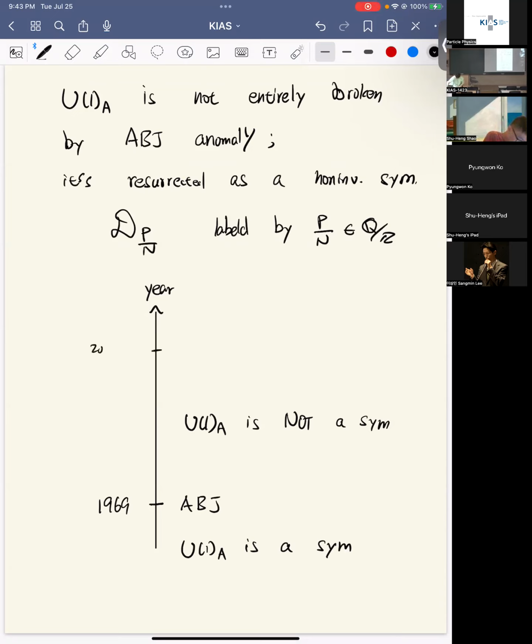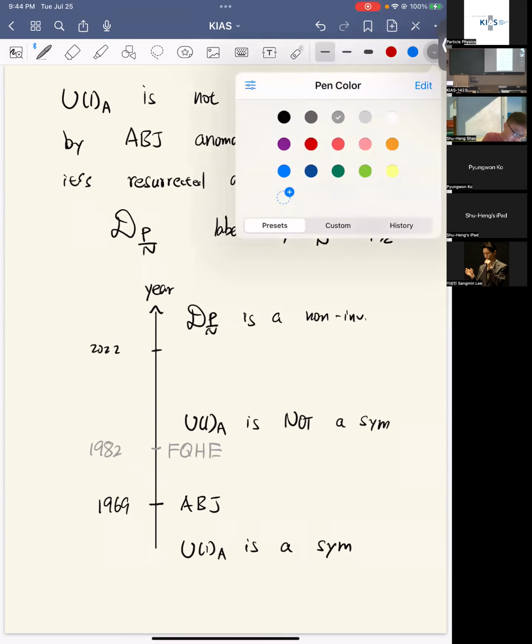And the development from last year is that it's actually a non-invertible symmetry. You could have asked, is it possible that ABJ might have thought about these non-invertible symmetries back in 1969? And the answer is no. It's impossible that ABJ came up with this construction. And the reason is because the fractional quantum Hall state was not discovered until 1982. In fact, even the Chern-Simons term was not discovered until the 70s.